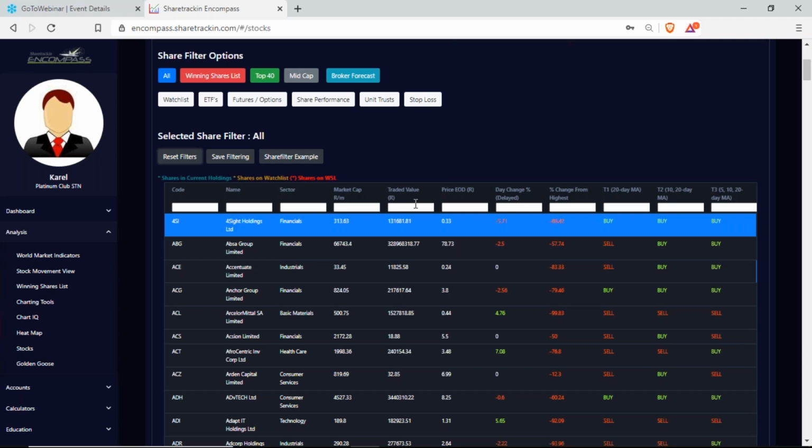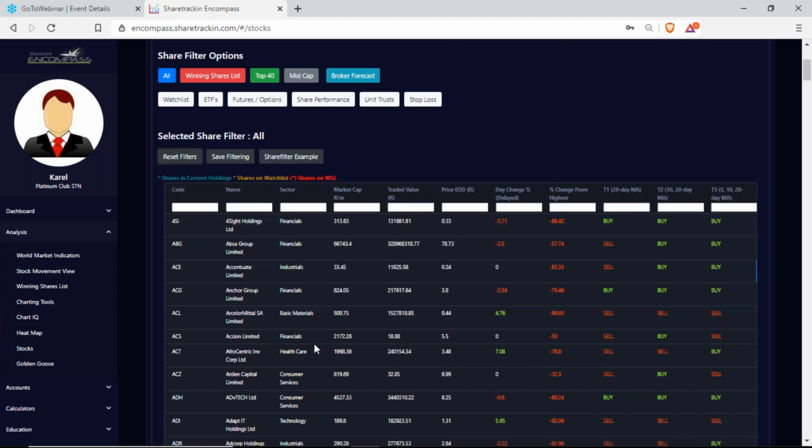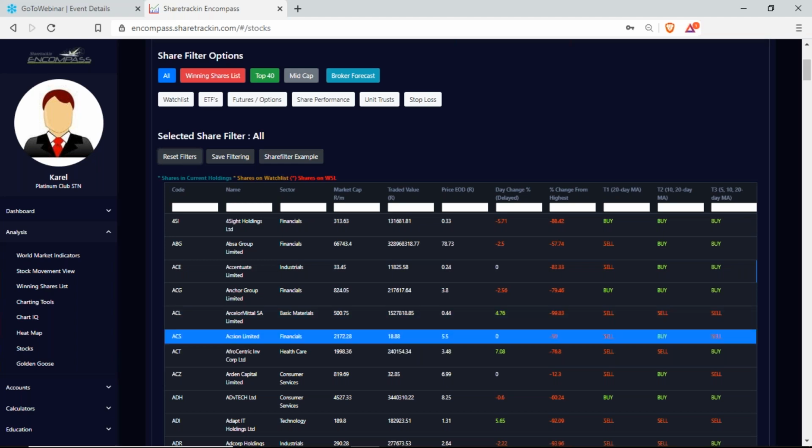Next is your traded value. Your traded value is the value that that share traded over the past month. Now, in perspective, we don't want to buy a share that doesn't have value. Let's take, for example, this share. For the month, it traded 18 rand 88 cents.